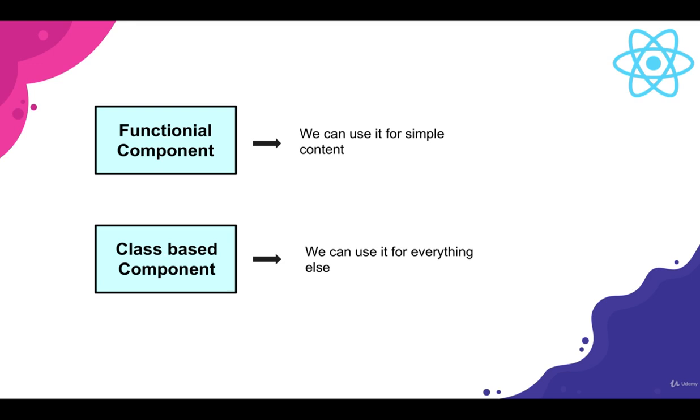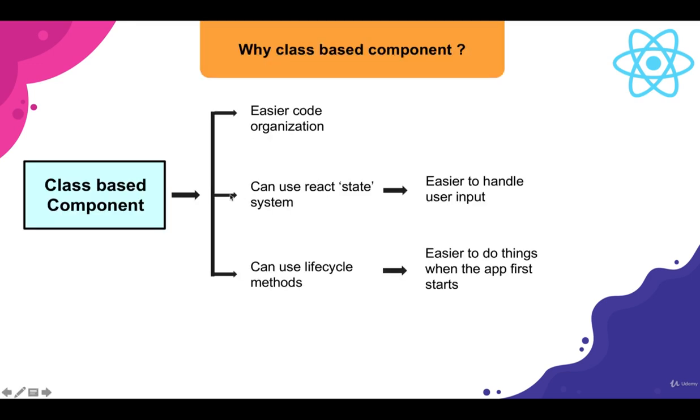In my opinion, one of the biggest reasons to use the class-based components is that we get an easier time to organize our code. That's in general. It's not always, but usually organizing our code is a little more straightforward.